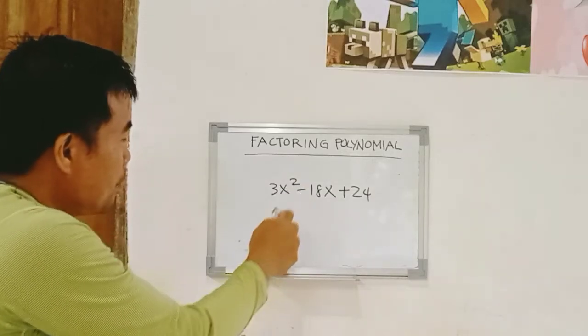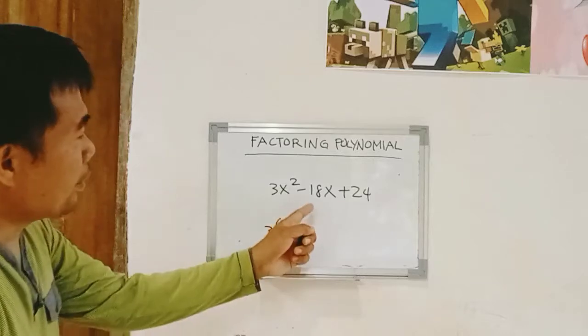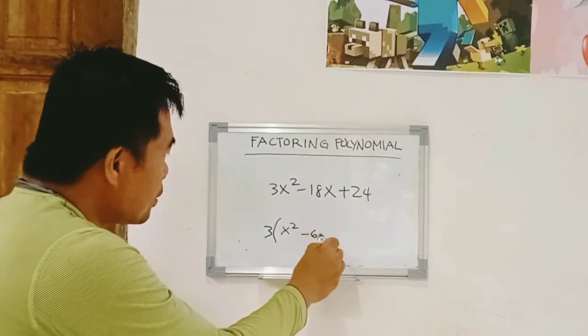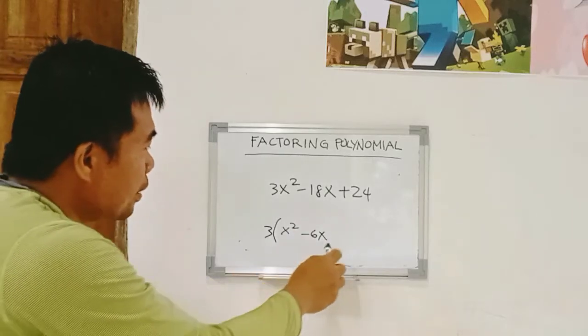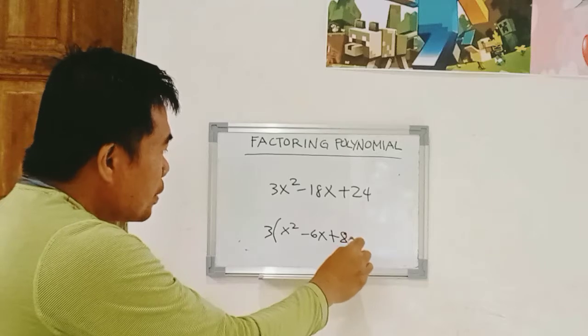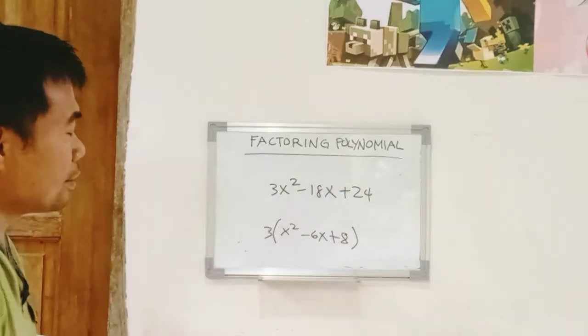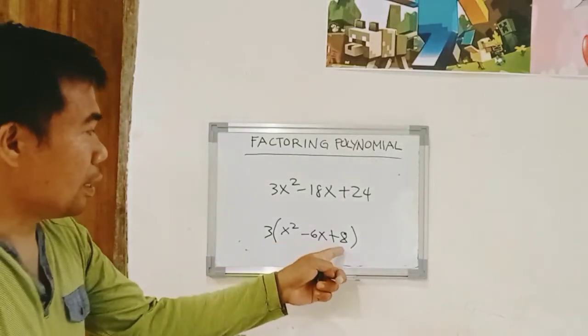So 3x squared divided by 3 is x squared. Negative 18x divided by 3 is minus 6x. And positive 24 divided by 3 is positive 8. So this expression inside the parentheses can be factored further by factoring the last term.